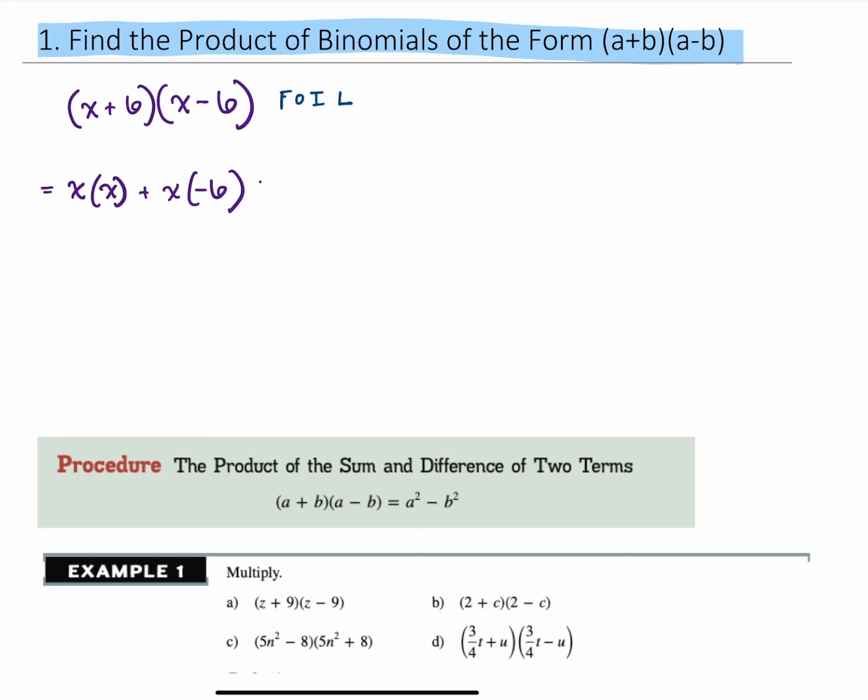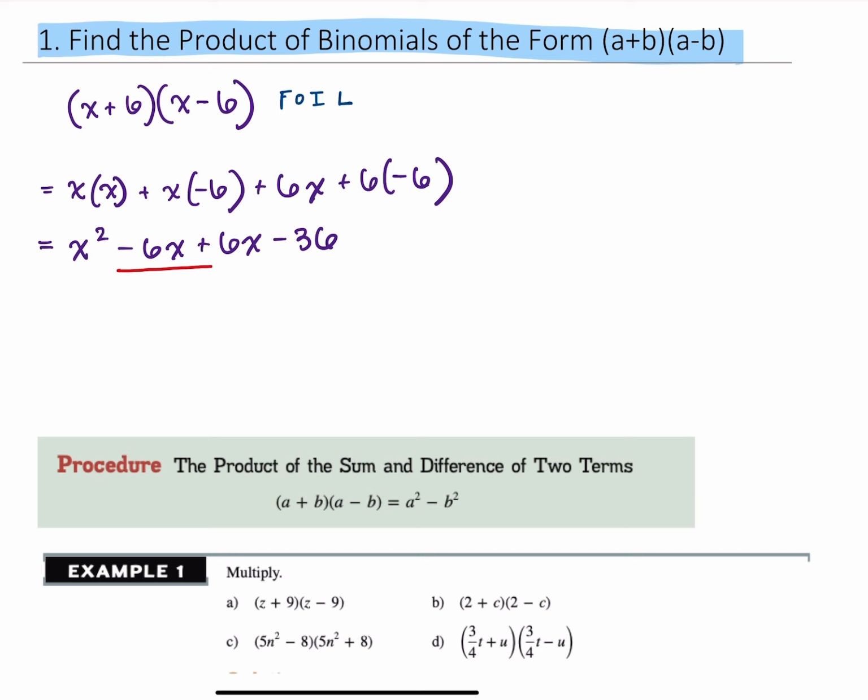So I can write that as, we'll just stick with the order, 6 times x. And then the last two terms is 6 times negative 6. So positive 6 times negative 6. So quick review on FOILing. So let's simplify everything. This would give us x squared minus 6x plus 6x minus 36.